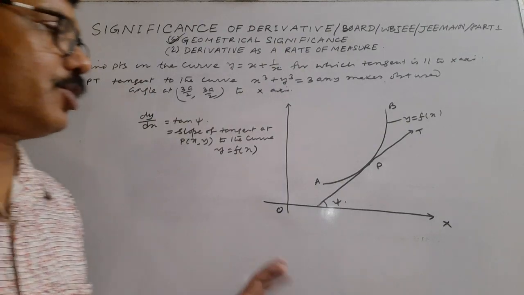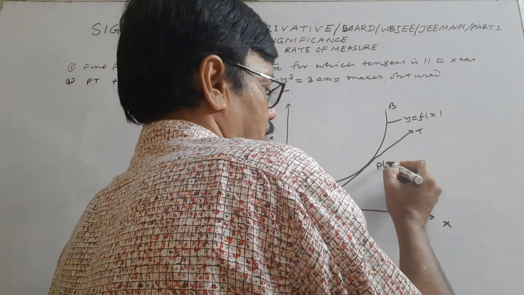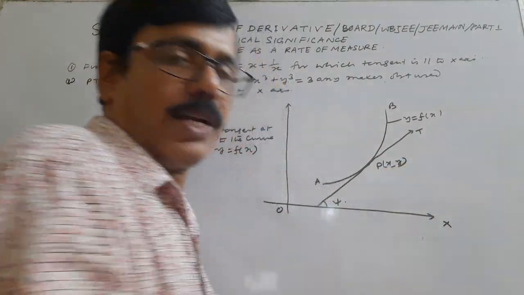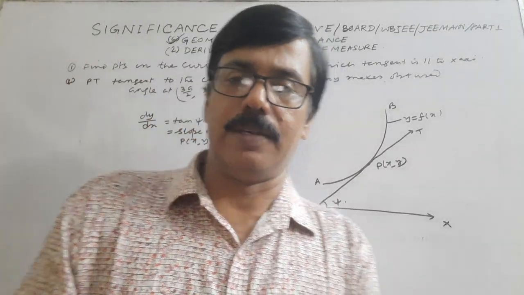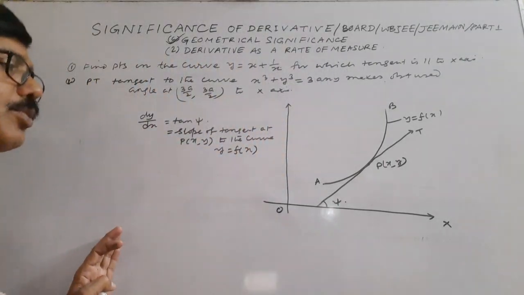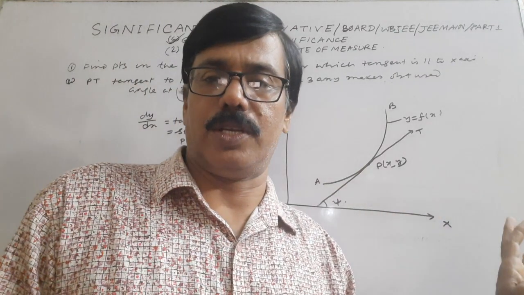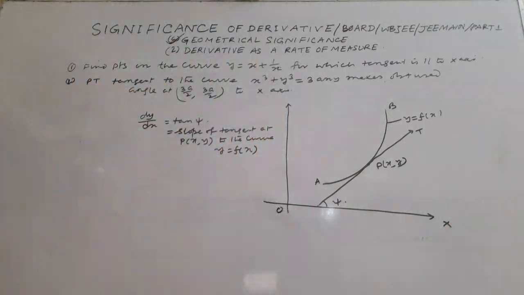So this is the geometrical significance. Listen again: dy by dx equals the slope of the tangent. You should at least remember it.